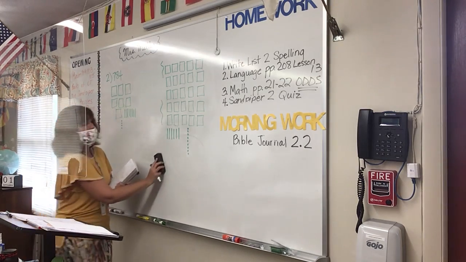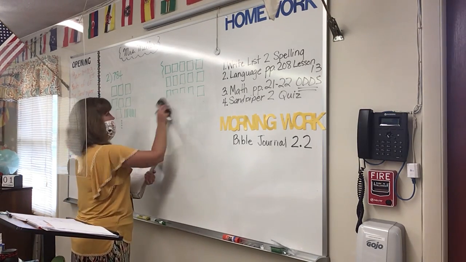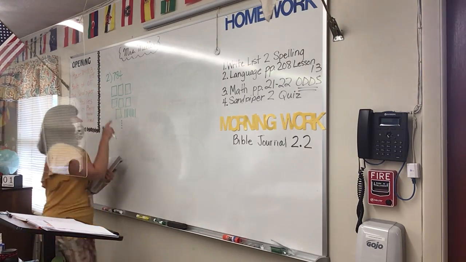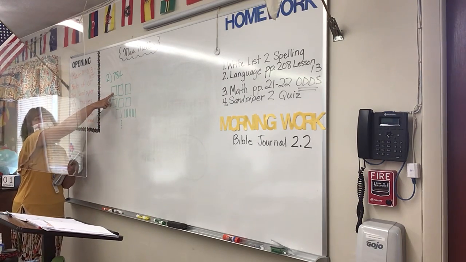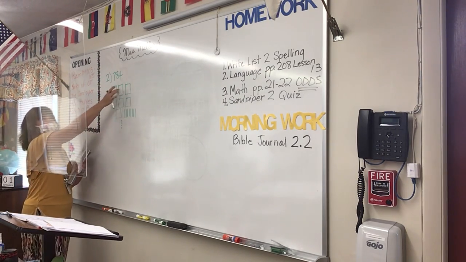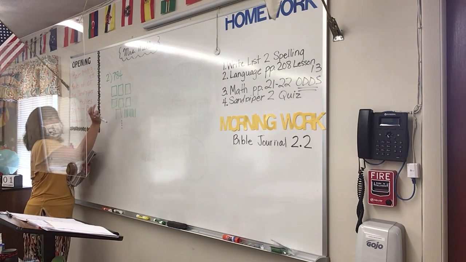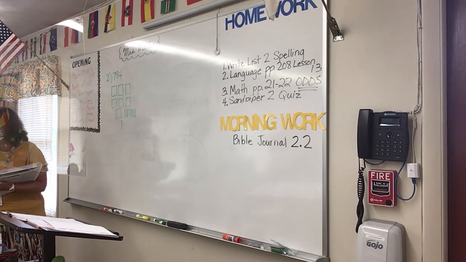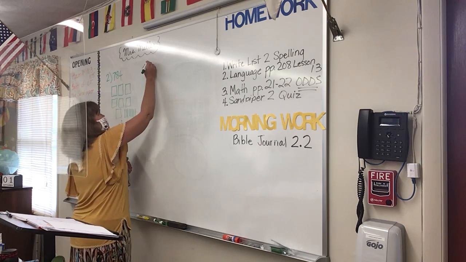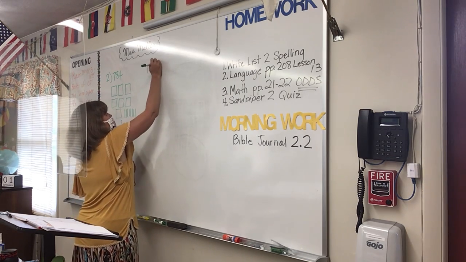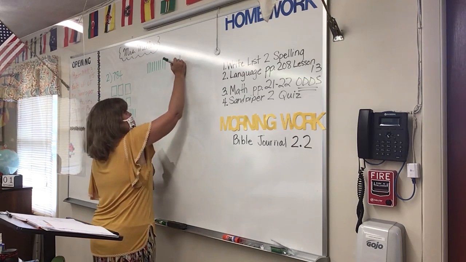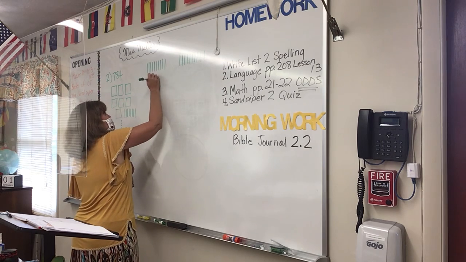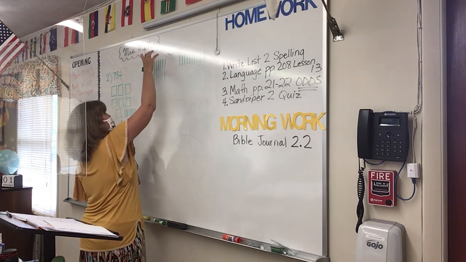Now, let's rename it only using tens and ones. So, how many tens would I need? If each of these is 10 tens, so I've got 10, 20, 30, 40, 50, 60, 78. So, I need to draw 78 tens. It's easy if you group them into tens.